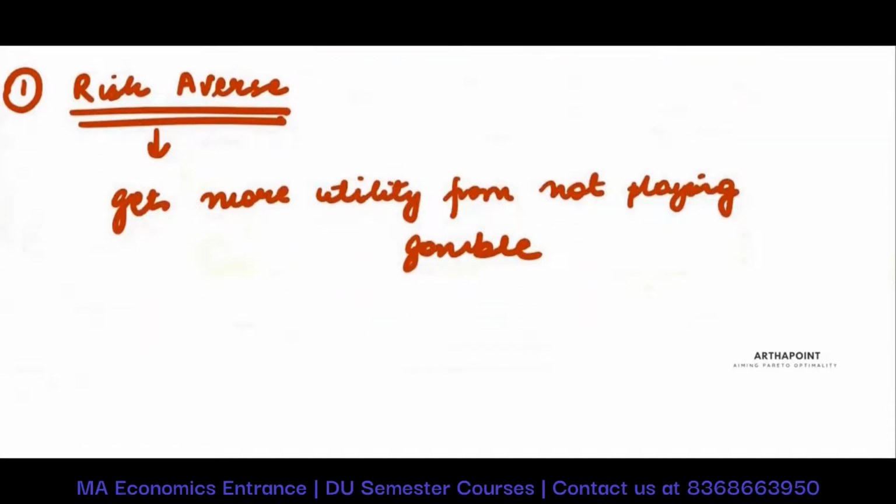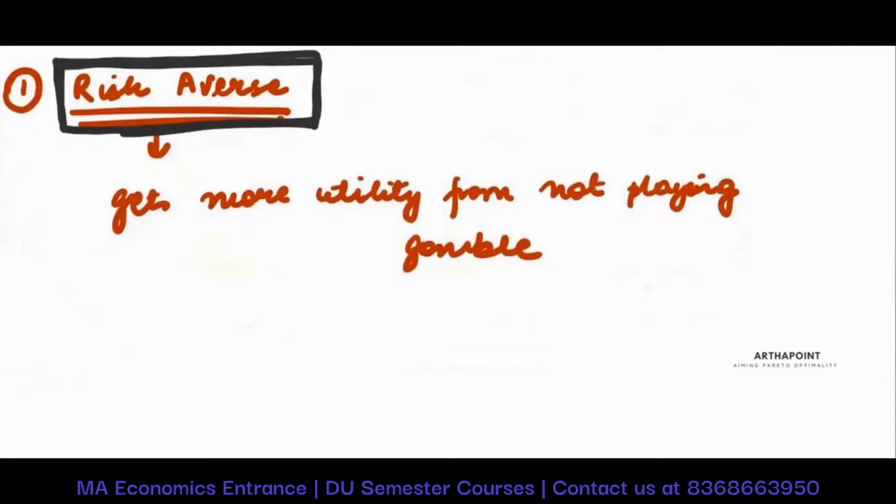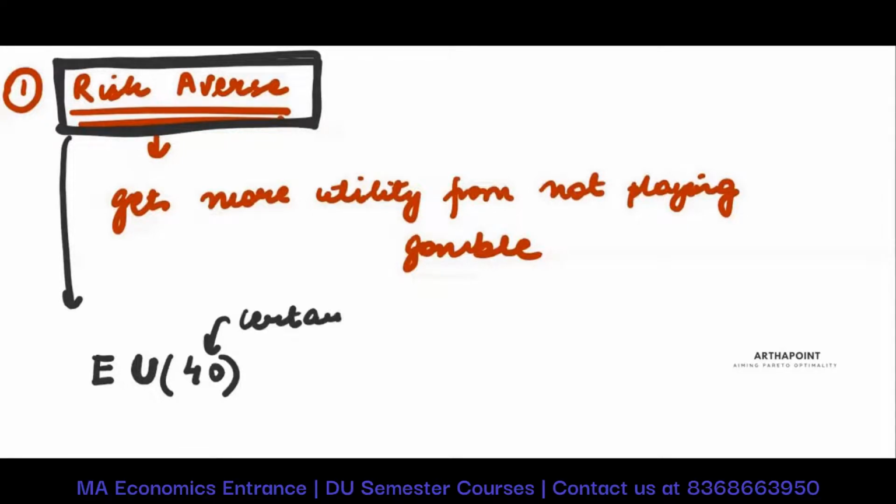I am saying for a risk-averse individual, the one who does not like risk, his expected utility from 40, which is coming with certainty, that means he is not playing the gamble, that utility is more.